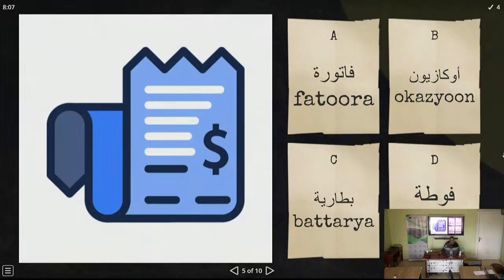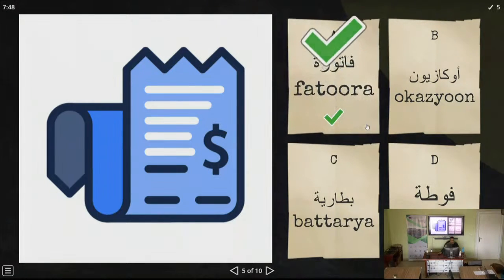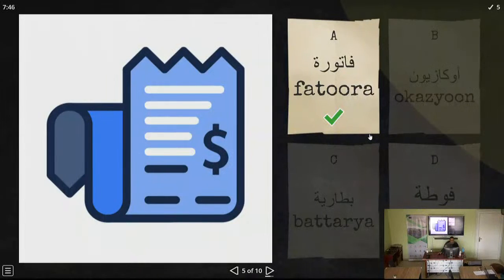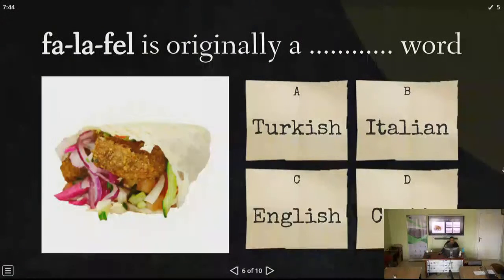What about this one? Okay, so this is the word fatura of Italian origin. And what is the origin of the word falafel?